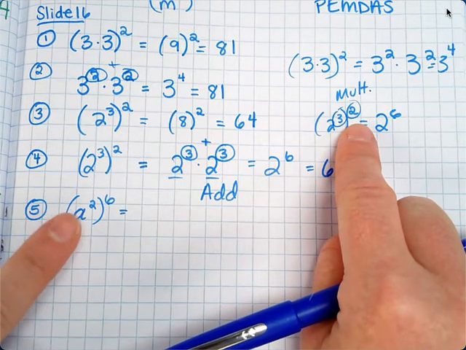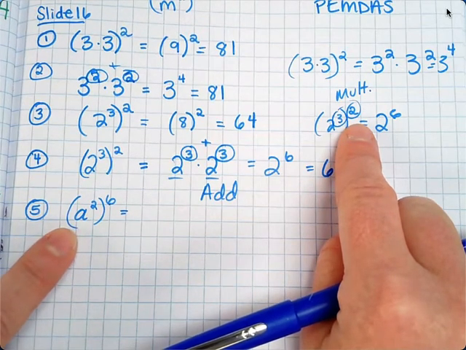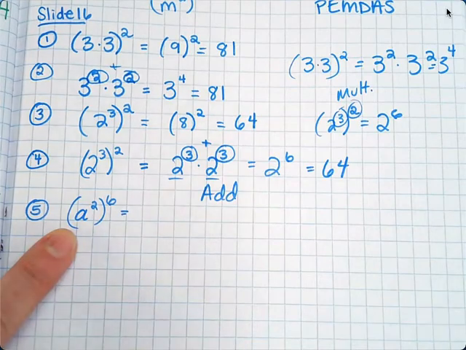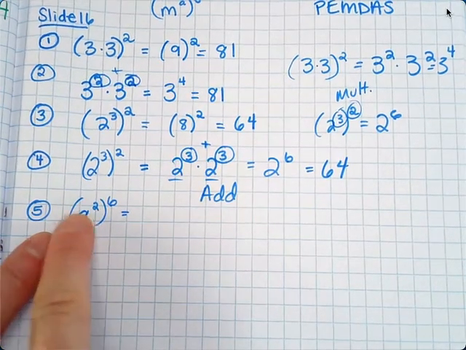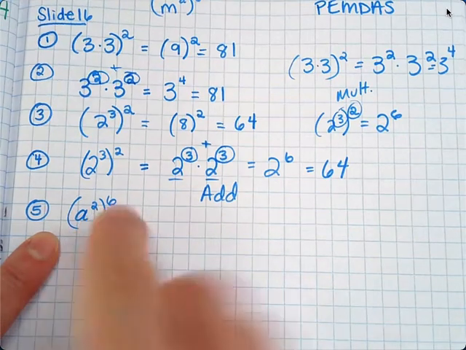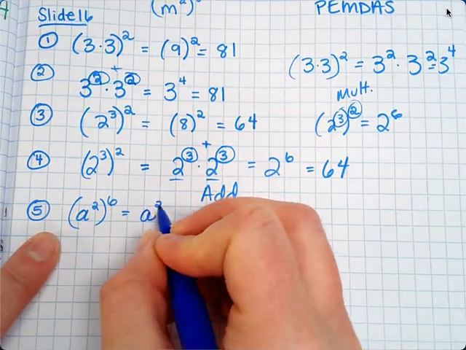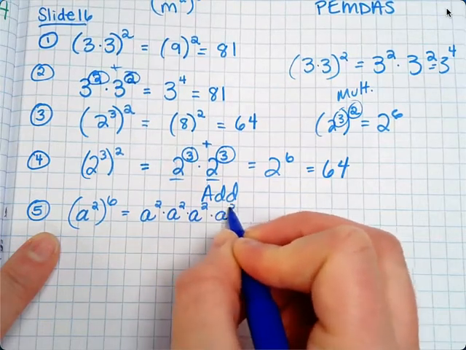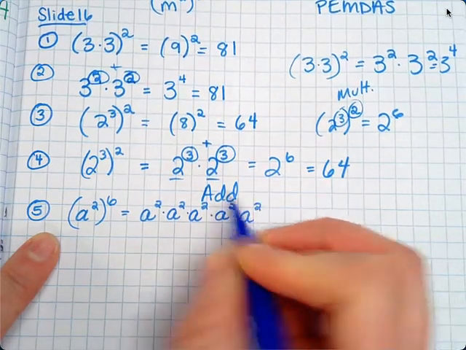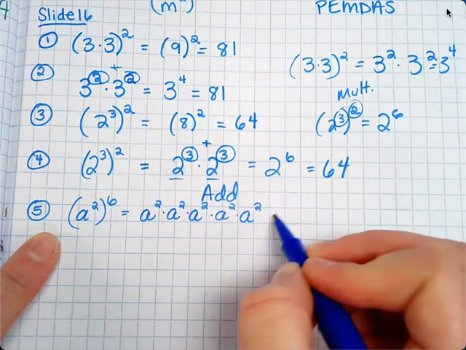How many times would I write a squared? Twice, I'd write a and a to get a squared. But how many times would I write it if this term is being raised to the 6th power? 6 times. So a squared times a squared times a squared times a squared times a squared times a squared. So 1, 2, 3, 4, 5, 6.